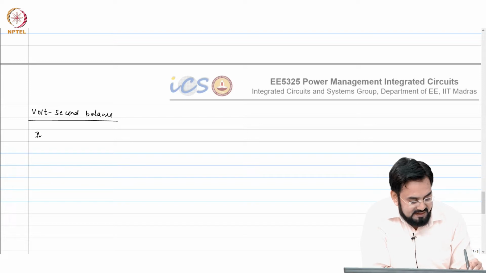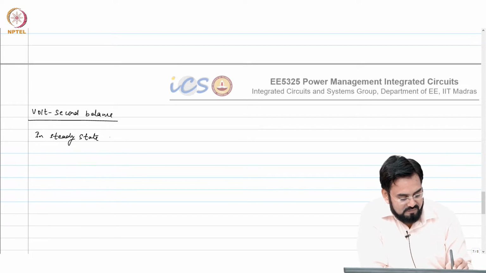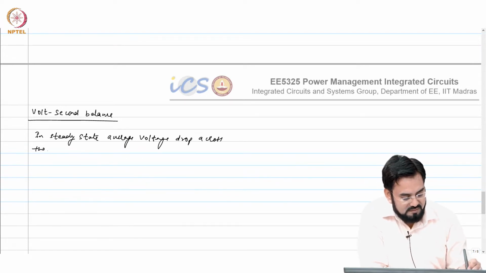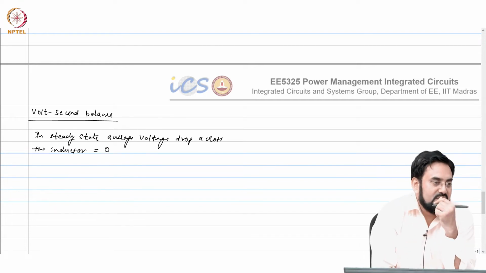So, in steady state, what should be the average voltage drop across the inductor? 0, because it is a lossless component.